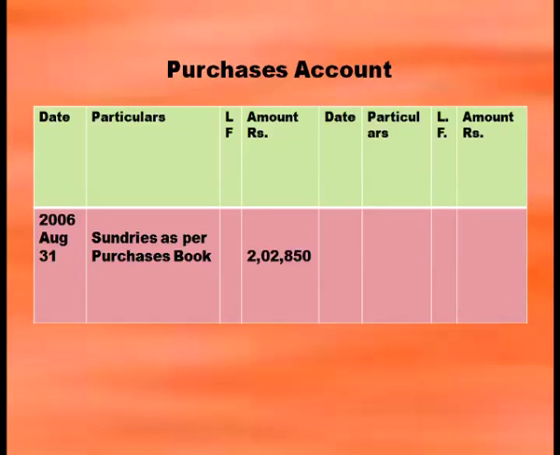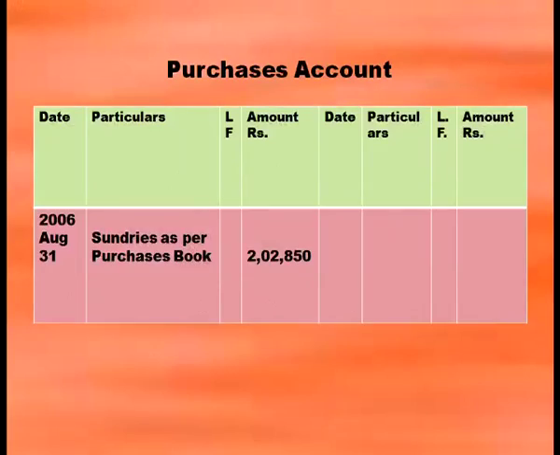What you will post? You have to write sundries as per purchases book in the particulars column and amount in the amount column. Total purchases will come here. And date, last date of that particular month, you have already written in the purchases book. August 31st. So, we have posted the date here also, August 31st.